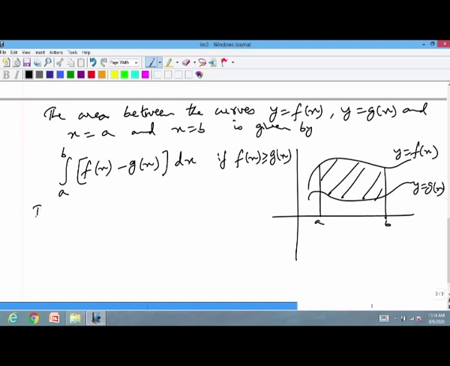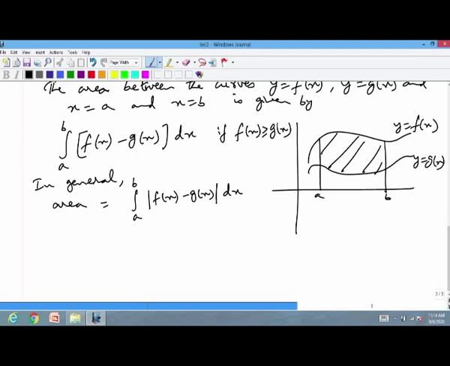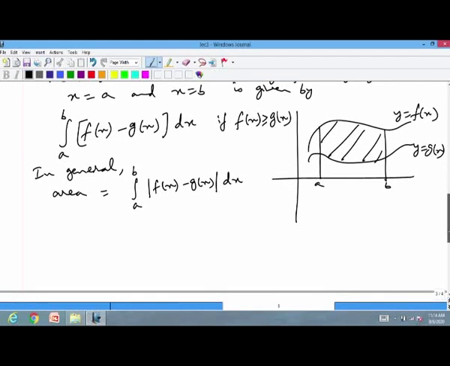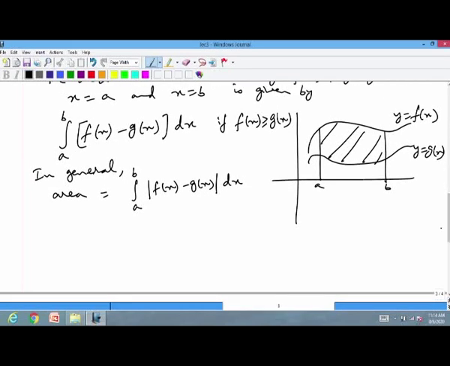In general, this area will be equal to the integral from a to b of mod of f x minus g x dx. So, we have to look at the upper curve and lower curve, take the difference and then integrate to find the area.